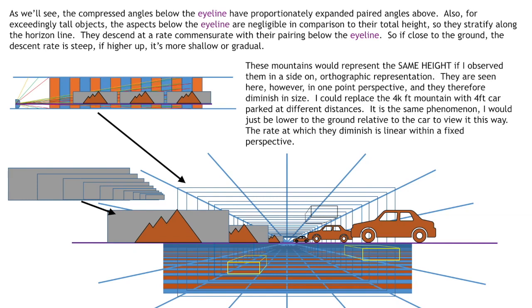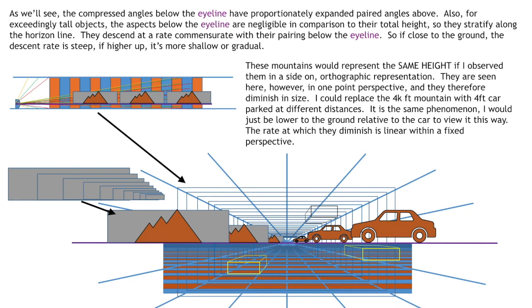So again, if I compress the lower angles, that orthogonal line is going to become more shallow, but at the same time the orthogonal line that is paired above will descend at a higher rate. So again, if close to the ground, the descent rate is steep. If higher up, it's more shallow or gradual.